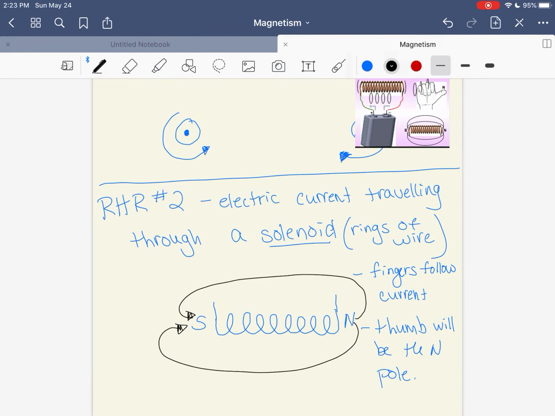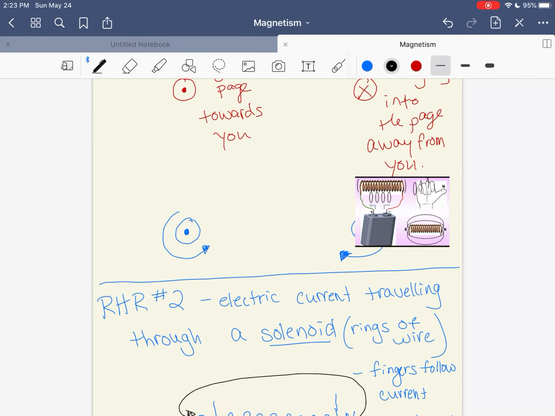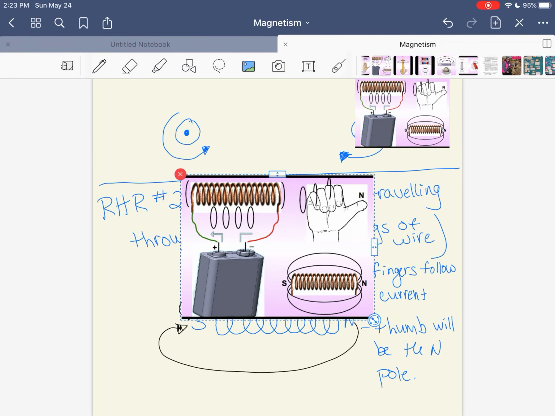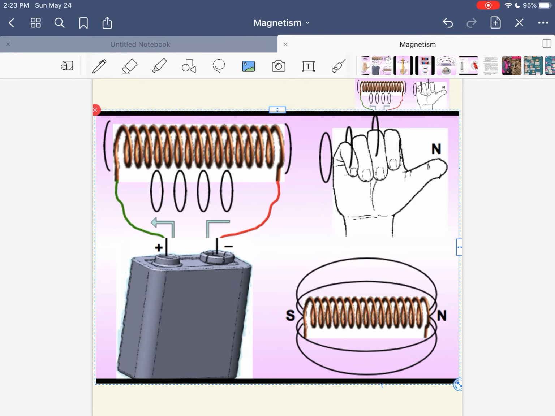Okay, so then let's have a look at this picture. I'm gonna just add the picture again so that we can look at it again. Okay, so if we have a look at our solenoid, electricity is coming from the battery and it's going into the solenoid, and then it's curling around before it comes back out, back into the battery.